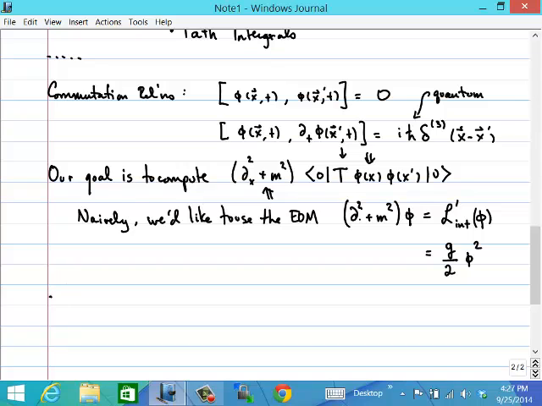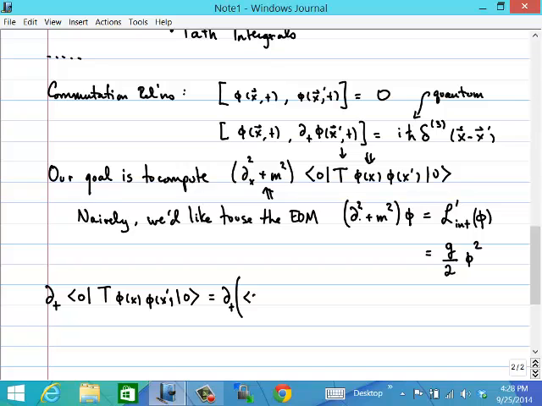So the first thing that I want to do is ask what happens if I just took a single time derivative of this time-ordered product of the two fields. Oh, I guess I called them x and x prime. So what is this? Well, let me just write this out a little bit more explicitly.